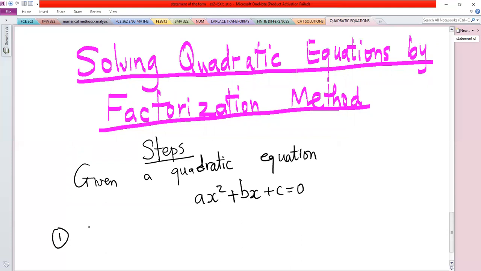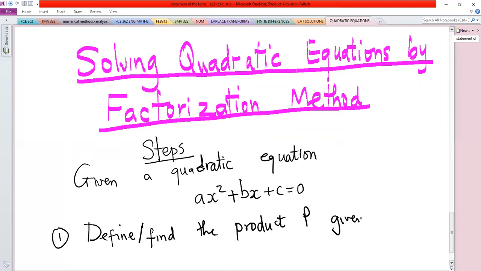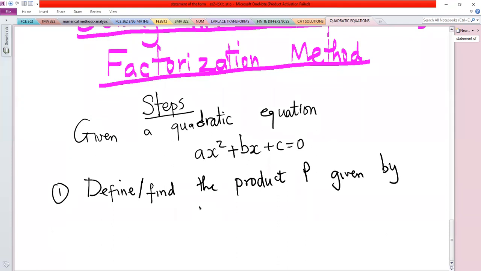One, define or find the product P given by P equals the coefficient of x squared, A, times the constant term C. So that's what we call the product.